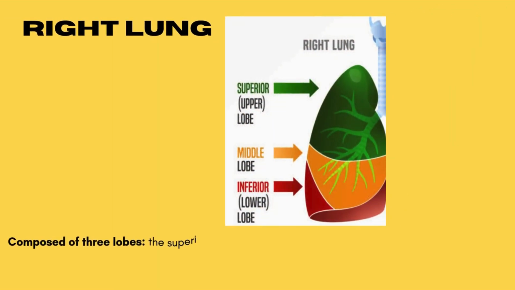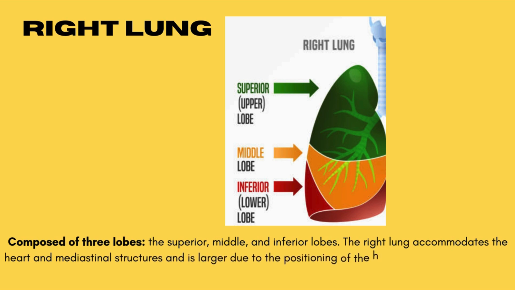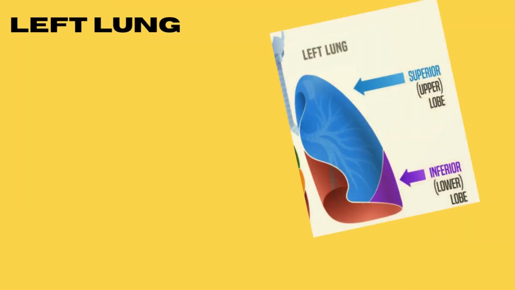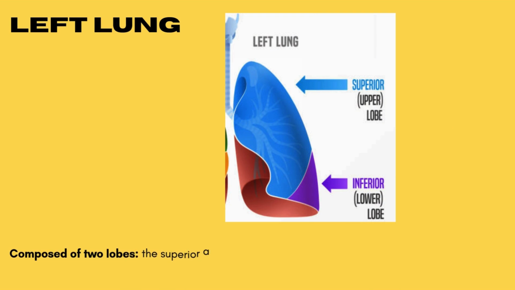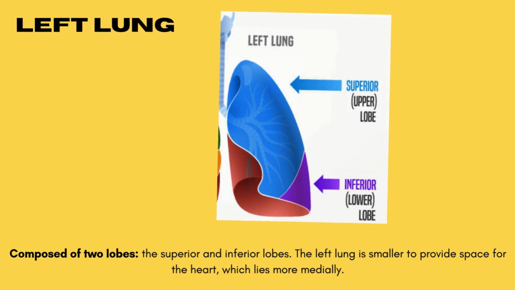Composed of 3 lobes, the superior, middle, and inferior lobes. The right lung accommodates the heart and mediastinal structures and is larger due to the positioning of the heart toward the left side of the chest. Left lung. Composed of 2 lobes, the superior and inferior lobes. The left lung is smaller to provide space for the heart, which lies more medially.